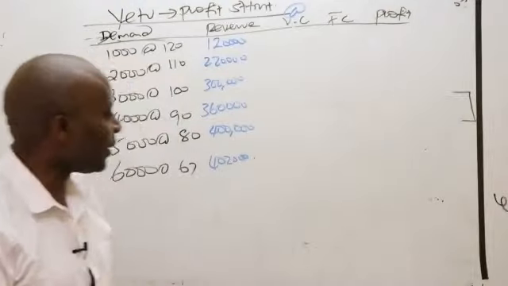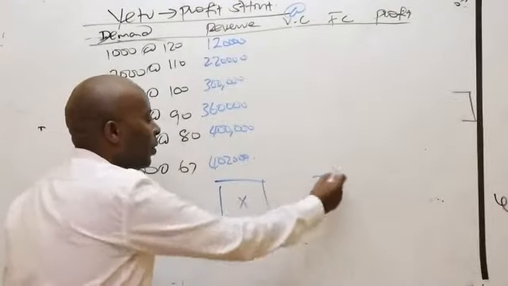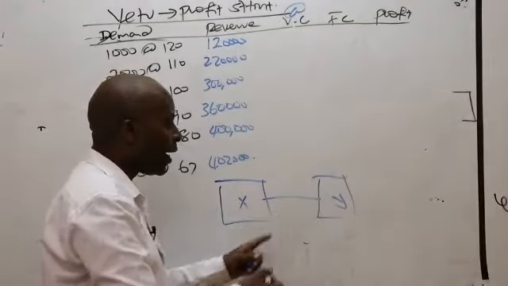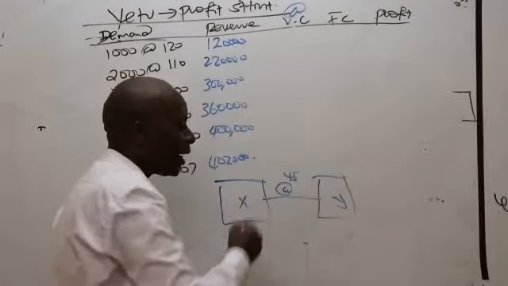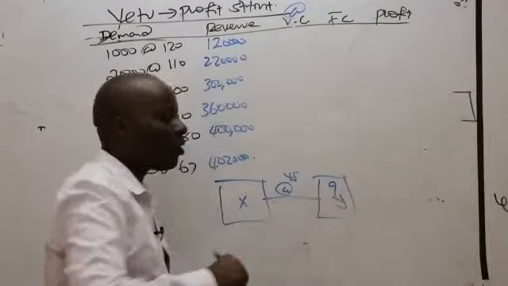So what we have, ladies and gentlemen, remember we have got two divisions there. We have division X and then we have division Y. So X produces and sells everything to Y at what price? At 45. And then Y itself is going to incur a variable cost of what here? Of 9.